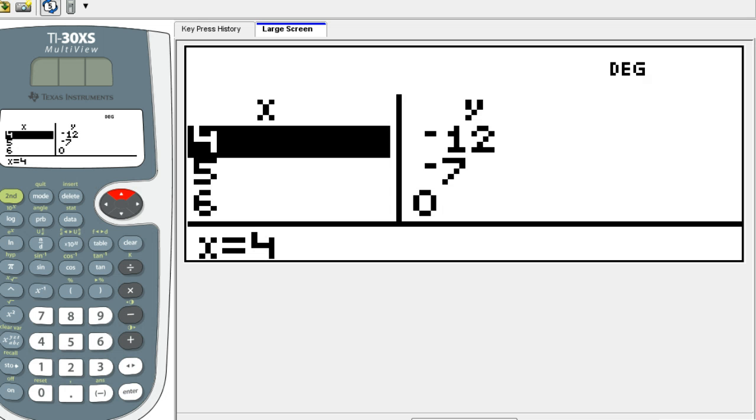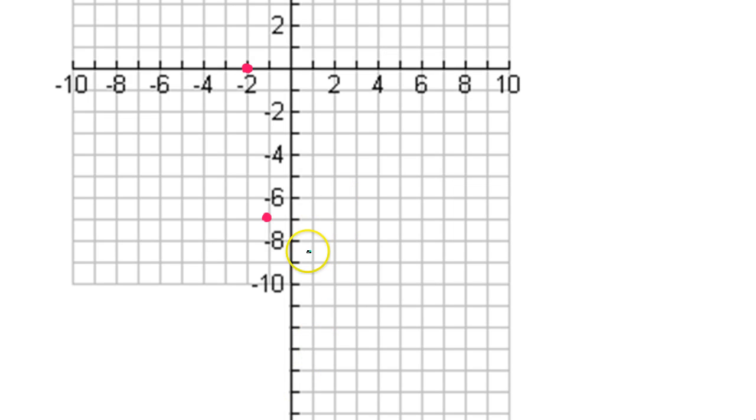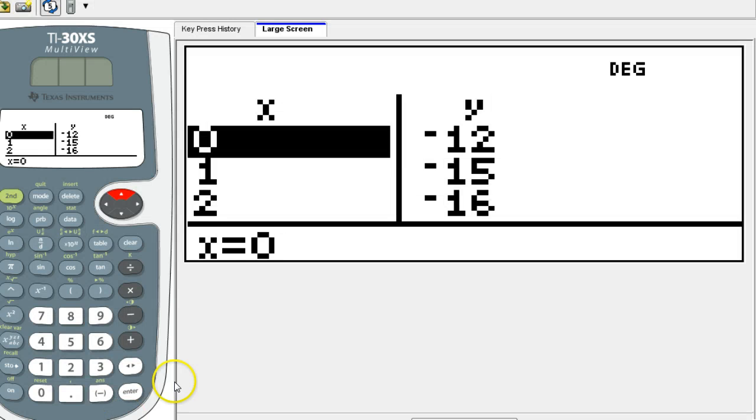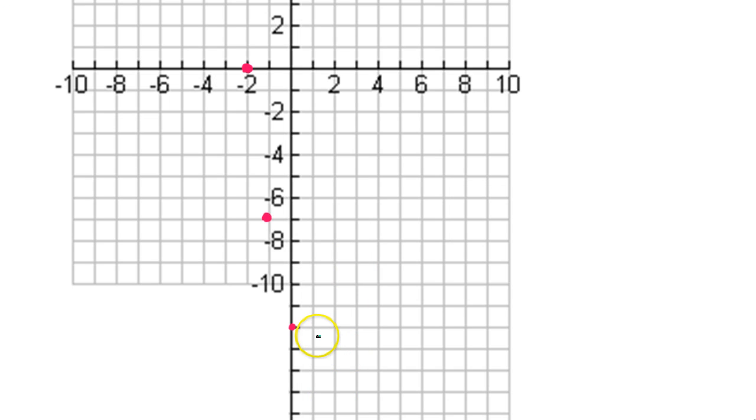Okay, so where was I? I was figuring out what in the world was going wrong, but let's go back to 0. So at 0 we had -12, so -12 would be right here. And then at 1 we're at -15. Alright, so that's -12, 13, 14, 15.